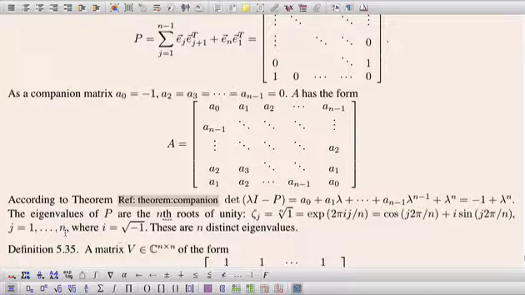Then the eigenvalues of p come from the solution of minus 1 plus lambda to the n equals 0.